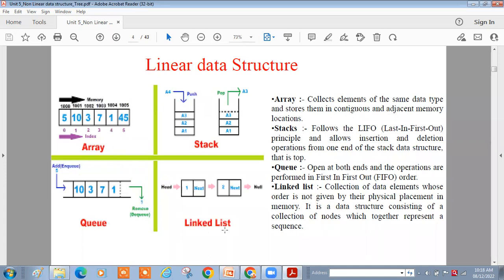Students, in a linked list, this is a node and this node gives the address of the next node. As I said, in case of array, continuous memory location is required. This is not necessary in case of linked list. Maybe you have all already studied this.